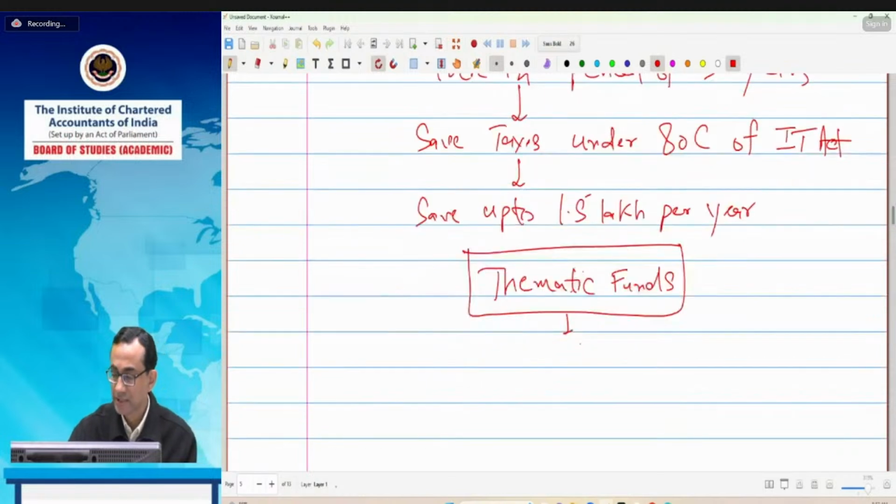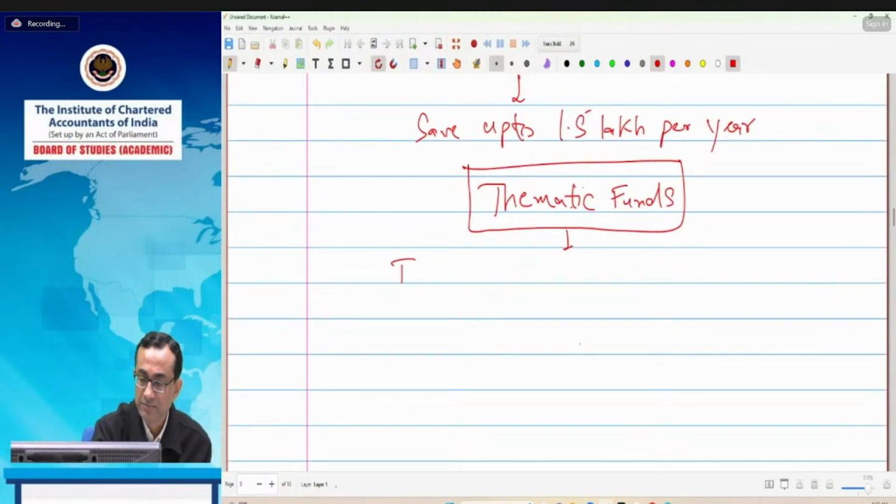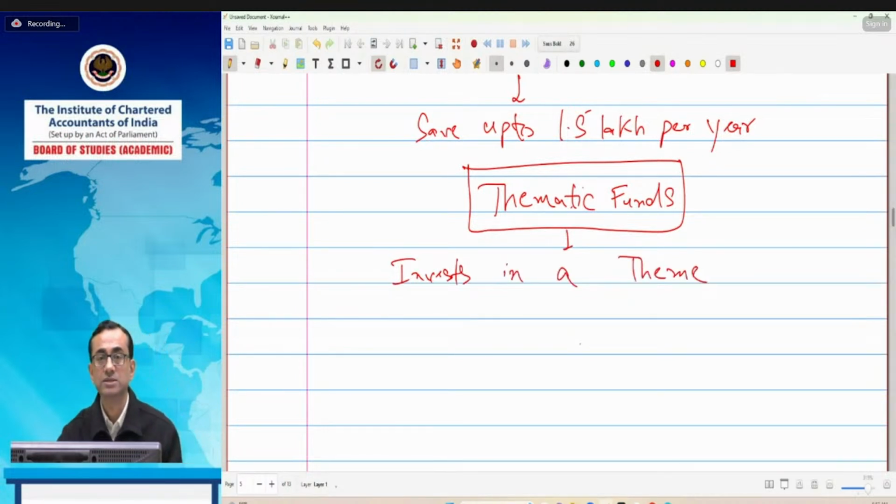Thematic funds invest in a theme. And what could be a theme?